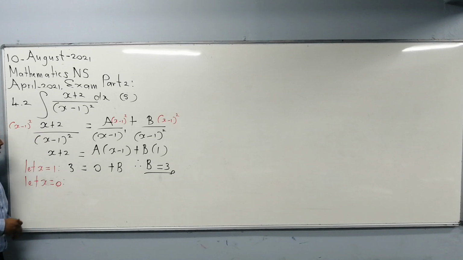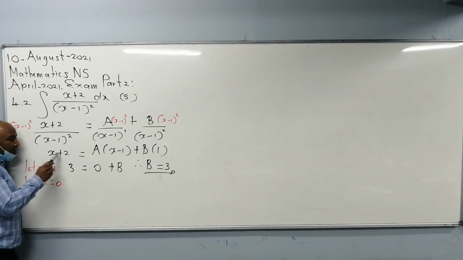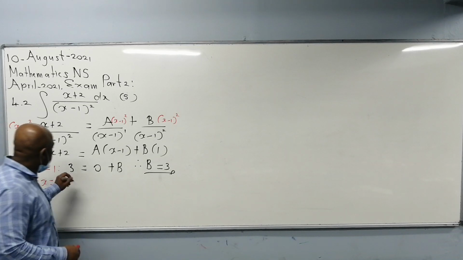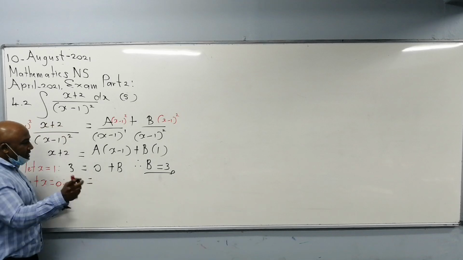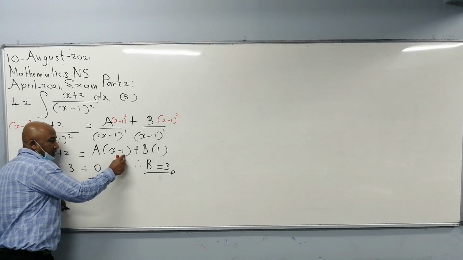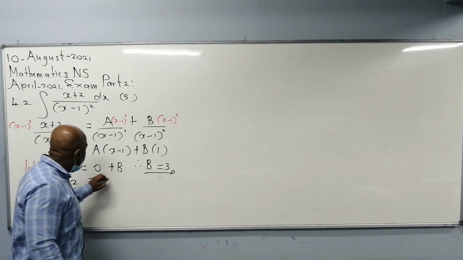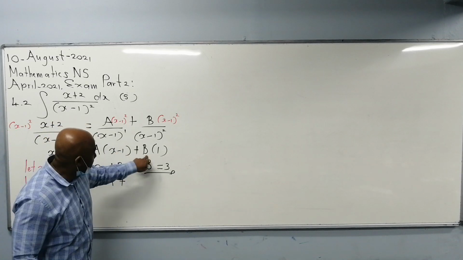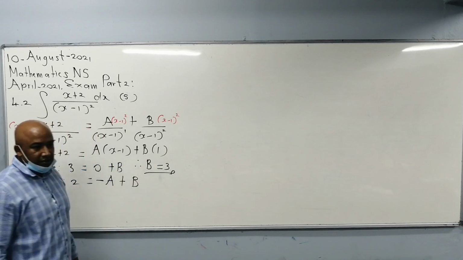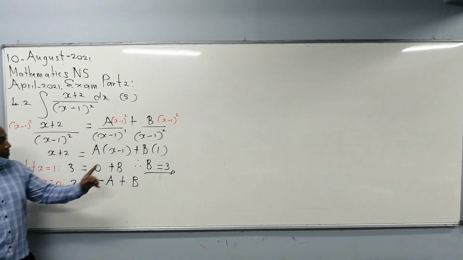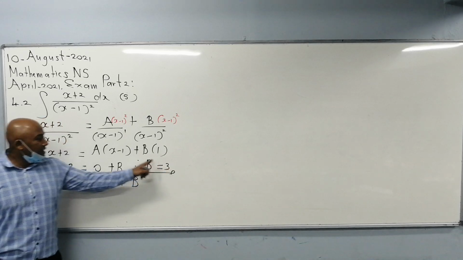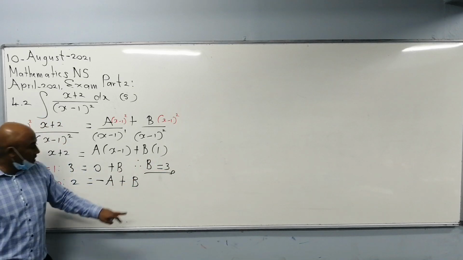So what does that mean now? On the left hand side, I got 0 plus 2, which is 2. On the right hand side, I got 0 minus 1, which is minus 1. Minus 1 times a is minus a, plus 1 times b there is just b. I already know that b is equal to 3. That means I can replace b with 3.